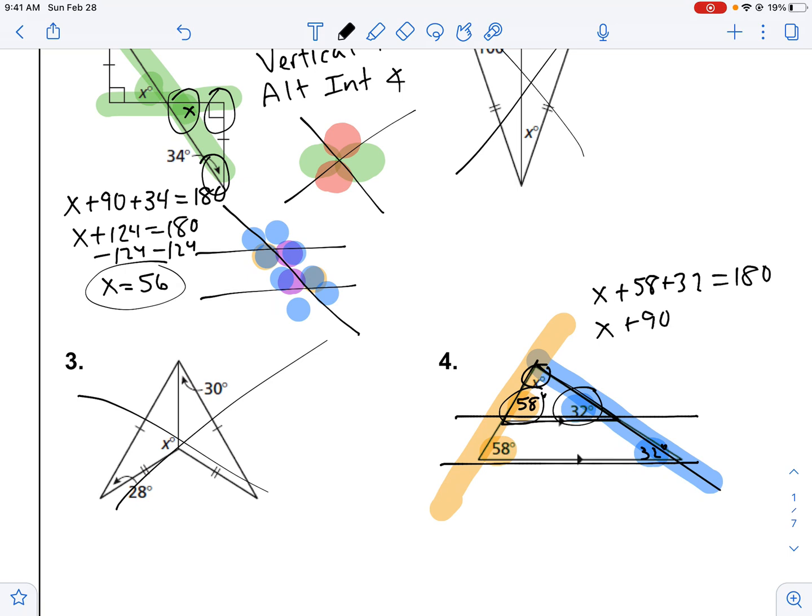So I get x plus 90 equals 180 minus 90, and we get that x is also 90. And there you go. That's the process we're going to be using today to prove that two triangles are similar.